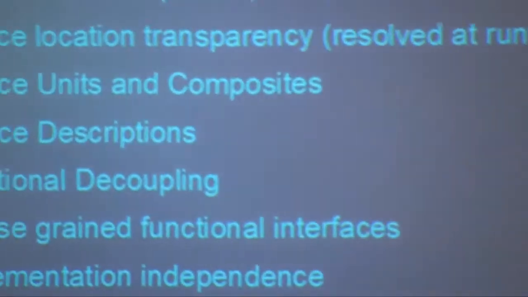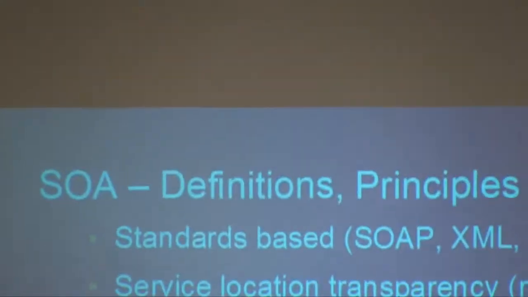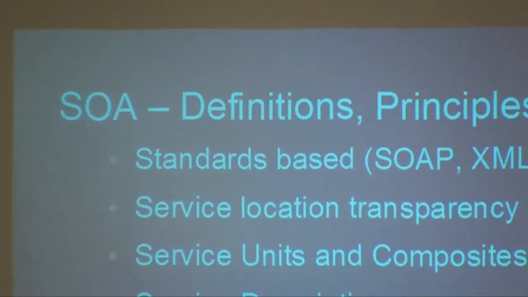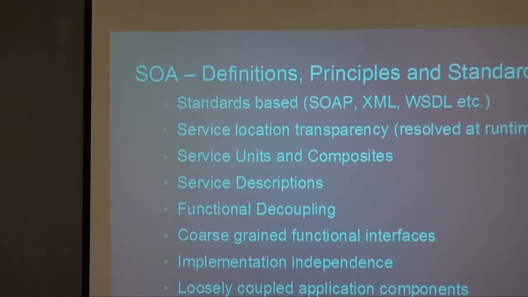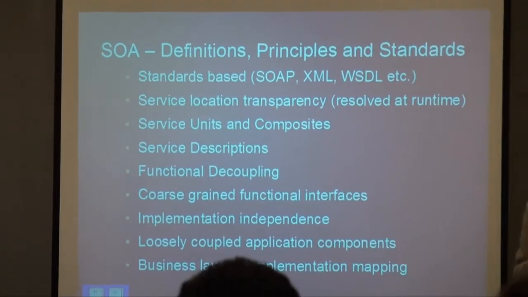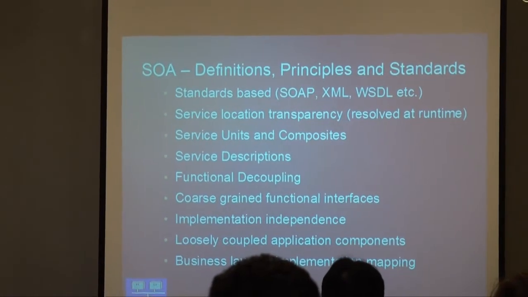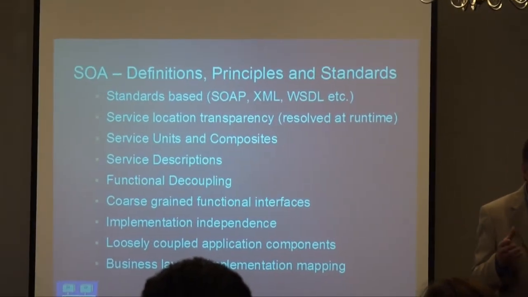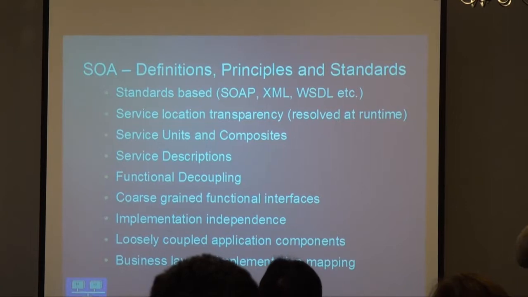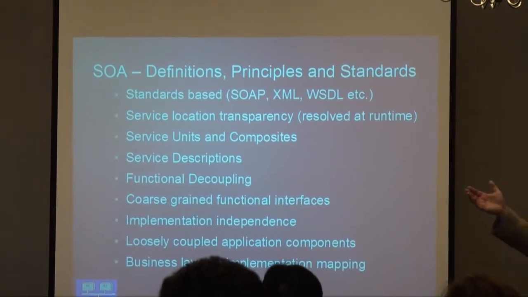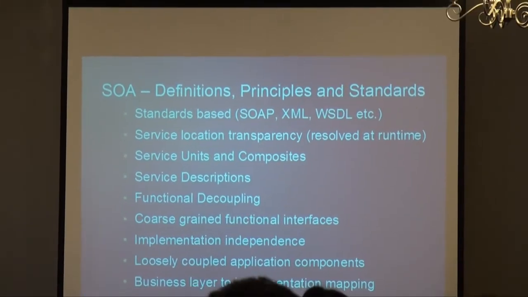But then we have what we call the coarse-grained functional interfaces. This is a higher level where we have to prevent, can I say this? Before SOAP or web services, there was a protocol called, for instance, RPC, which is a remote procedure call style. This was calling functions all the time, so there was a lot of traffic on the wire going back and forth to call all these functions.